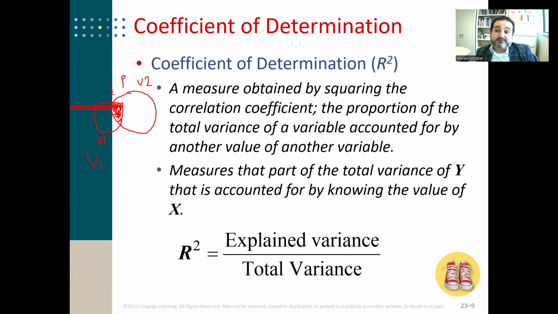So R squared is basically the proportion of variable 2 that is accounted for by variable 1. And I also explained that in the regression lecture for you as well, right?